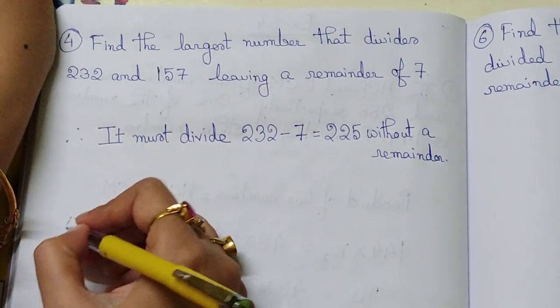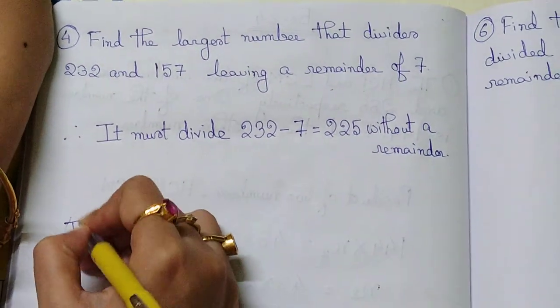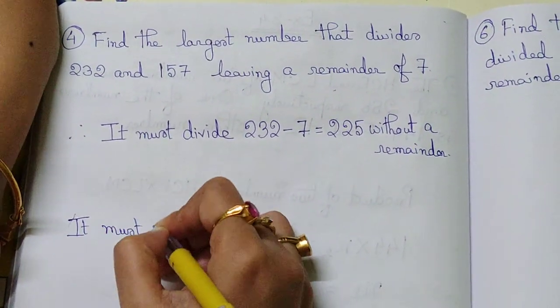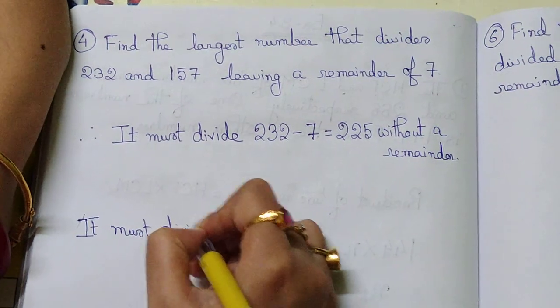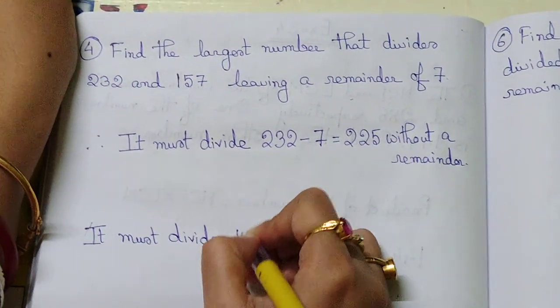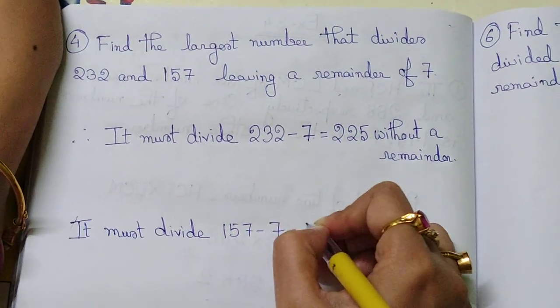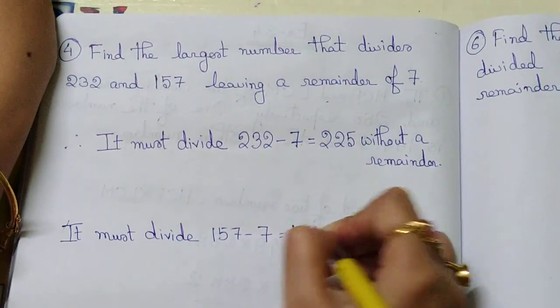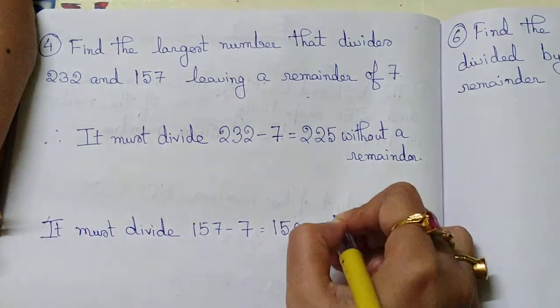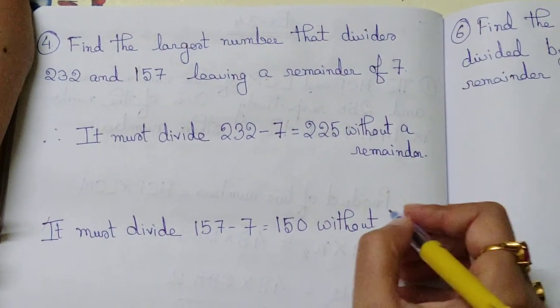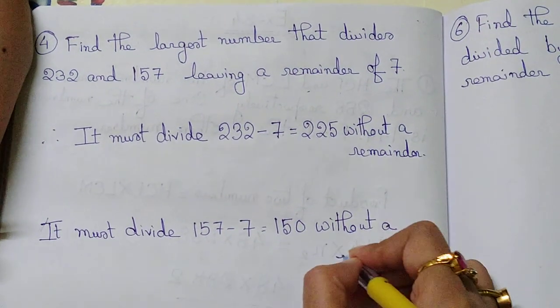Again, it must divide 157 minus 7 equals to 150 without a remainder.